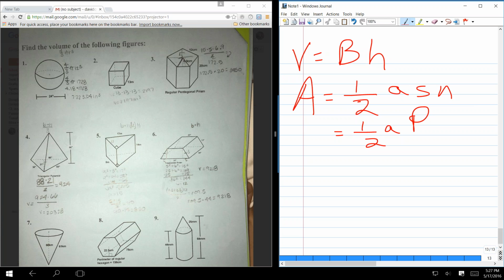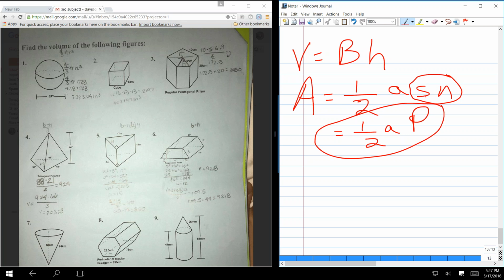But they gave you the perimeter. In other words, perimeter is the same as the side length times the number of sides. Sometimes they'll just give you the perimeter, and if you don't know this formula, you'd have problems.